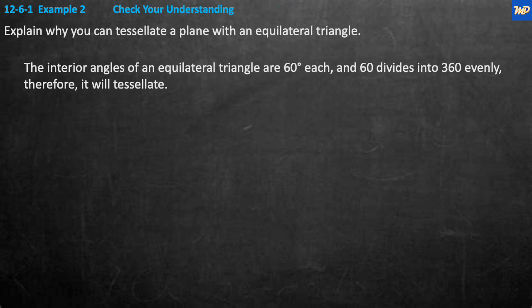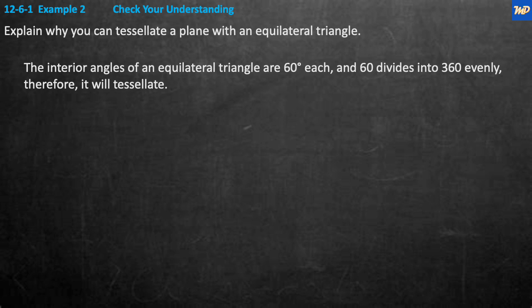Okay, example 2, check your understanding. Explain why you can tessellate a plane with an equilateral triangle. Actually, the answer is right there for you already, isn't it? Because the interior angles of an equilateral triangle are 60 degrees. 60, 60, 60 is 180.